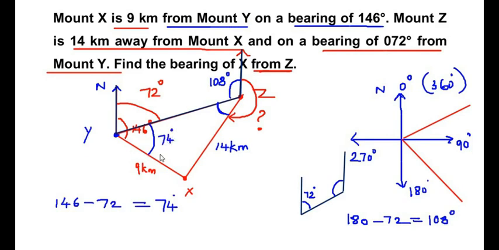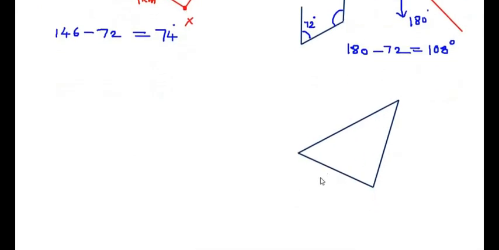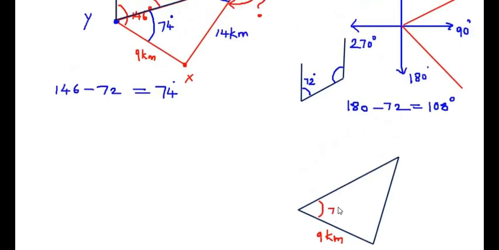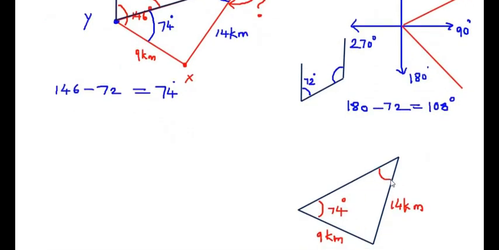Now let me just concentrate on this triangle. I'll just redraw it over here. So it's going to look somewhat like this. I'm just redrawing the same triangle. So this is 9 kilometers. This angle we just now got it as 74 degrees. And we have this side as 14 kilometers. And we were looking for this angle, that is over here.